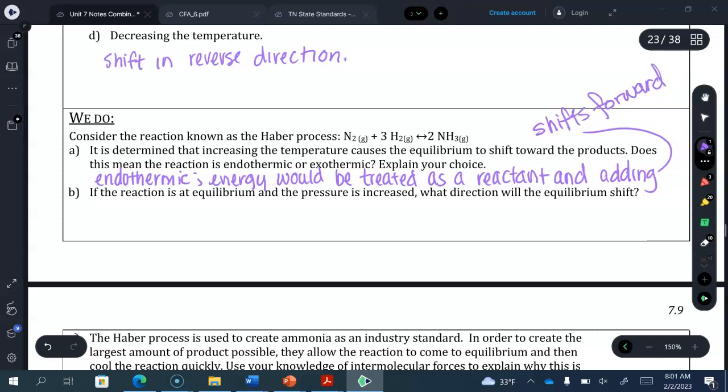Right, so that would give us, because if we put energy on this side, and adding more of this is going to cause it to shift that way.